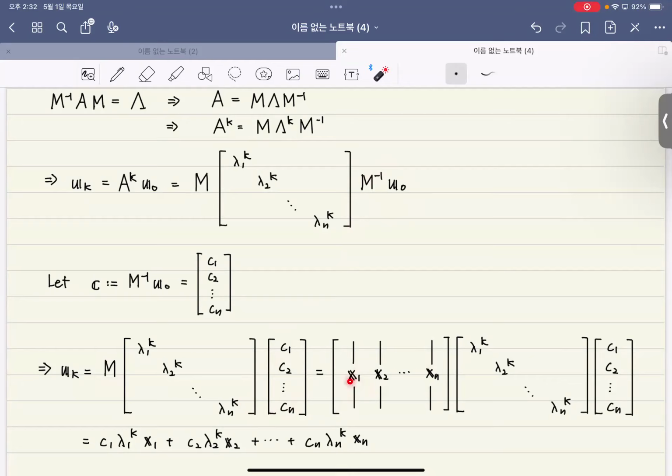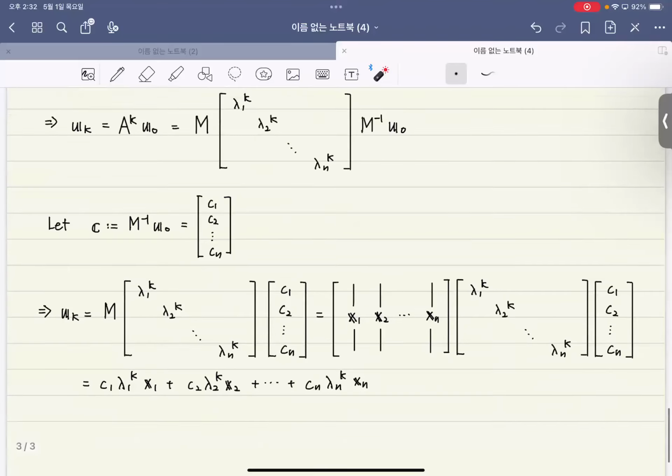So x1 to xn are going to be the eigenvectors of the matrix A, times this diagonal matrix, times these constants from C1 to Cn.